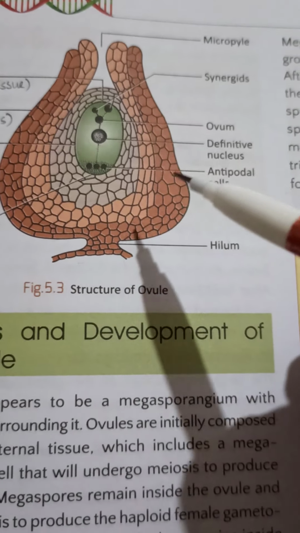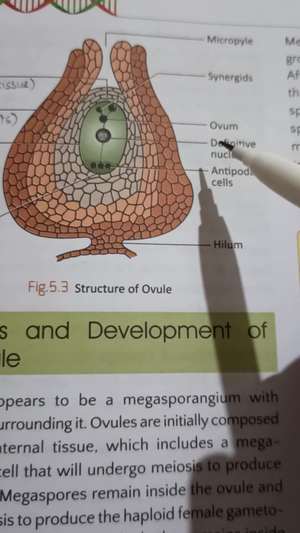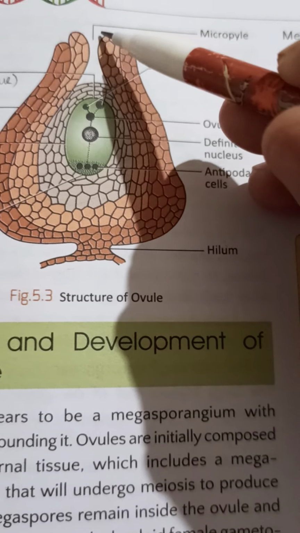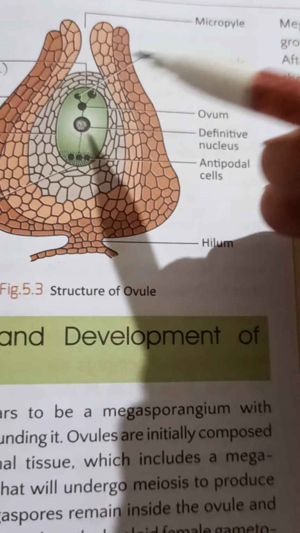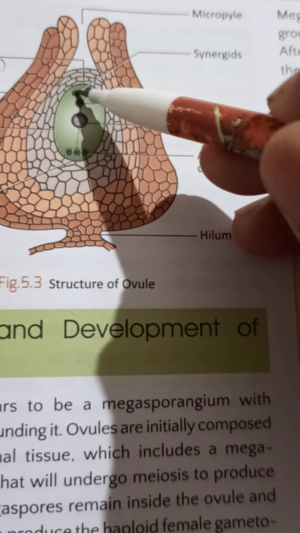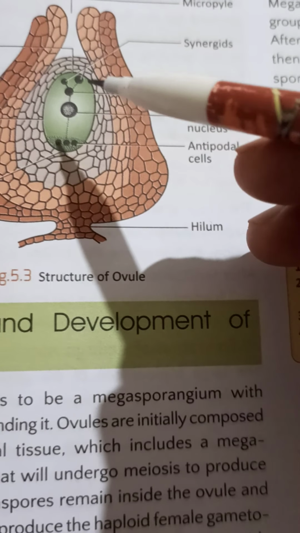Within the ovule is the embryo sac, with the micropyle and two polar nuclei. Near the micropyle, the ovum is located along with two synergids, and centrally located is the definitive nucleus.